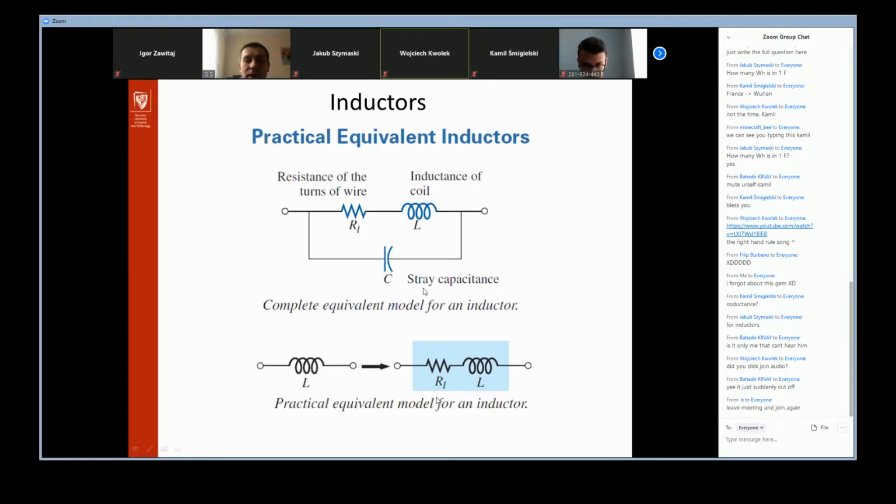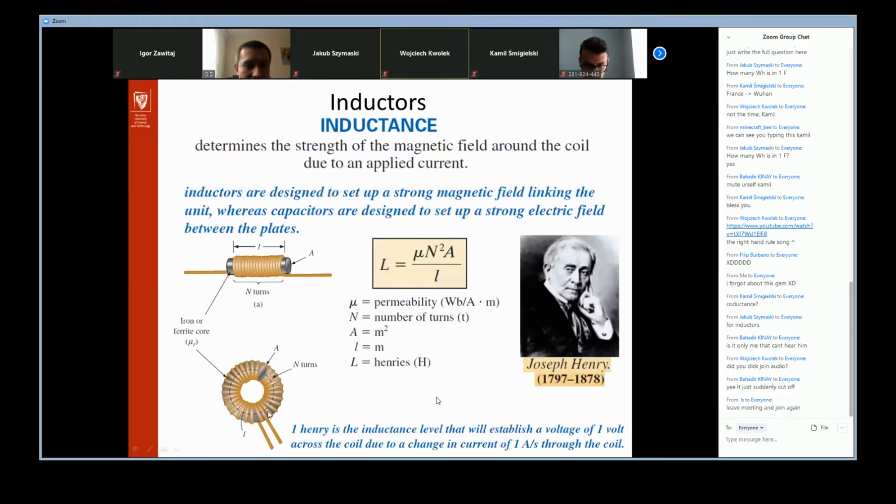What is the stray capacitance here? We know that if we wanted to create, for example, turns, and these turns are touching together, if the wires are not isolated, in fact, our coil will not work.